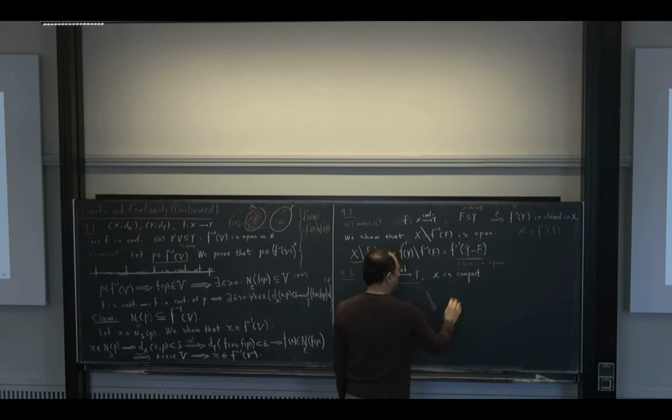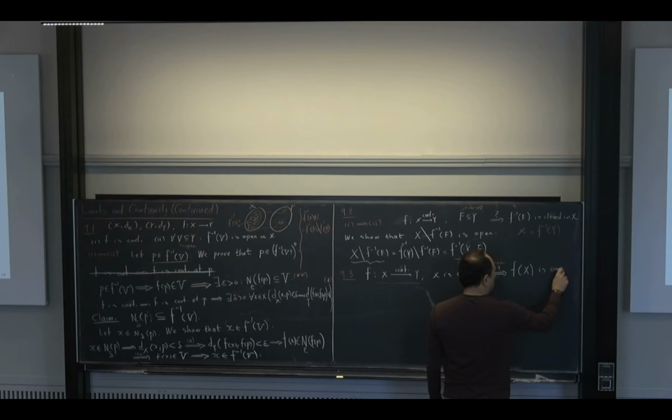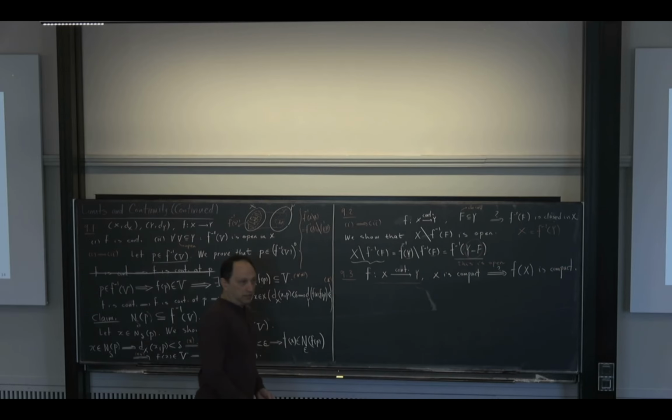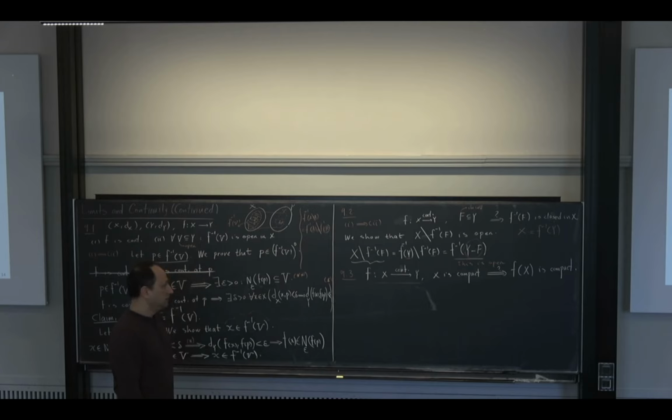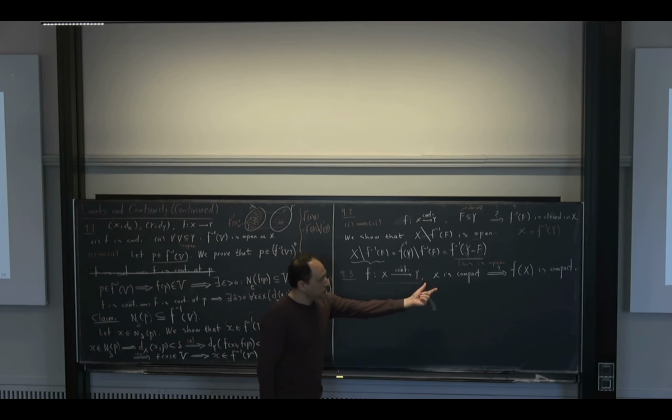I want to prove that the range f of capital X is compact. Okay? So if you start with a compact set and find the image, it automatically remains compact if your function is continuous.